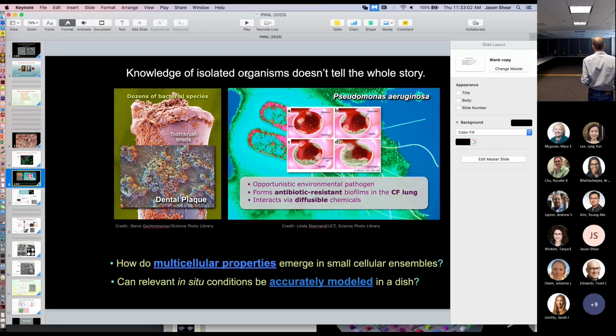People who get cystic fibrosis, unfortunately, develop these plaques. It is often the cause of death, ultimately. And they're so damaging because they do undergo these bacterial group behaviors. So they have quorum sensing, transformation of their gene expression, and they develop this phenomenon known as population-dependent antibiotic resistance.